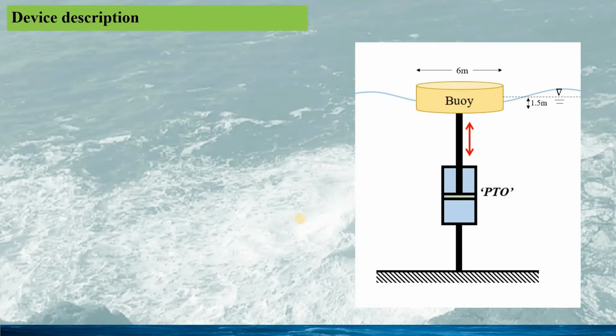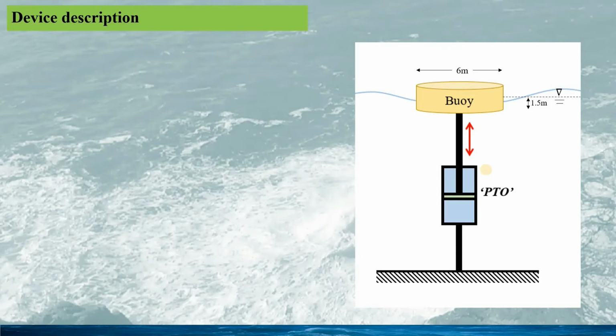Here, we will look at the description of the device first. A relatively shallow float is connected to the power takeoff system, which is connected to the seabed. The buoy would move up and down under the wave action, so as to drive the PTO to generate power.